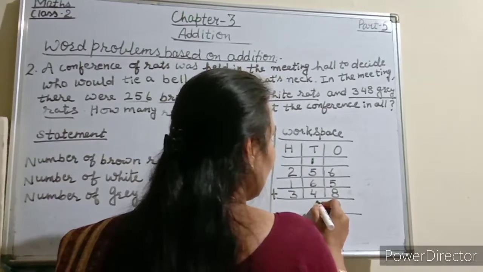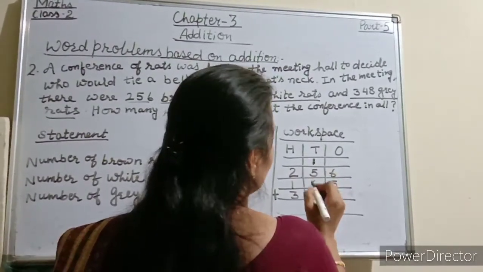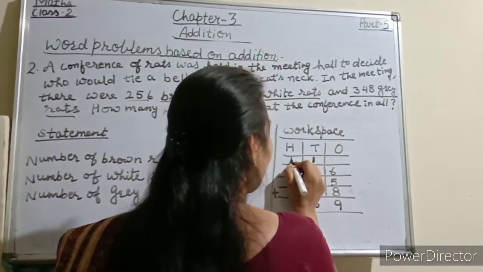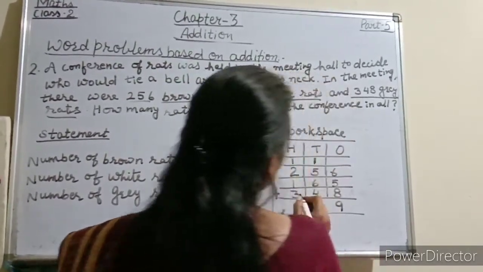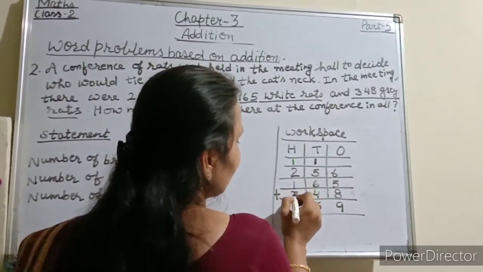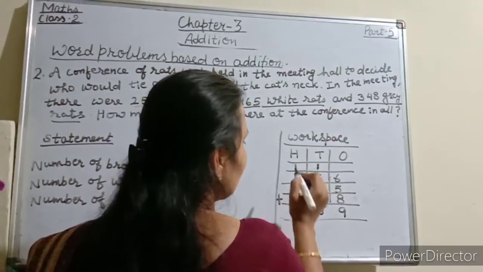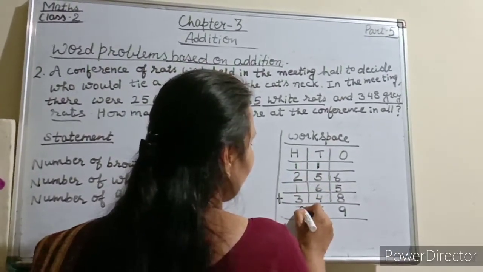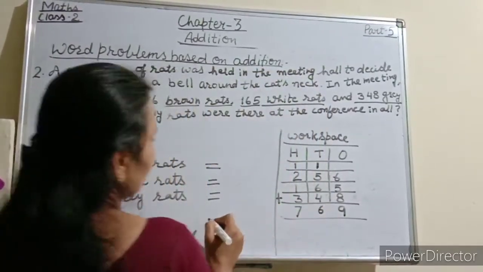So here under the tens column we will write 6 and again 1 carry over at the 100 column. So 2 plus 1, 3, 3 plus 3, 6 and 1 this carry over, yes, 7. So here we will write 7 under the 100 column.